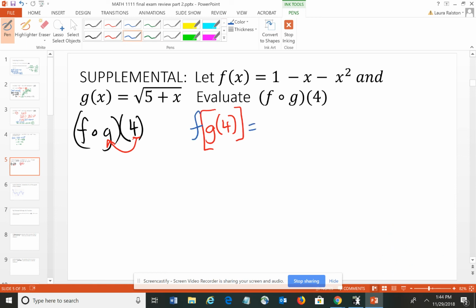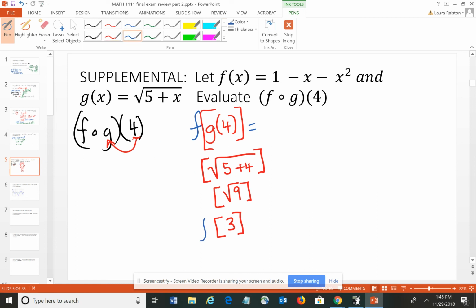So if I substitute 4 into g, which is the first thing that I need to do, I would have the square root of 5 plus 4. 5 plus 4 is 9, so I have the square root of 9. Square root of 9 is 3. So g at 4 is 3.